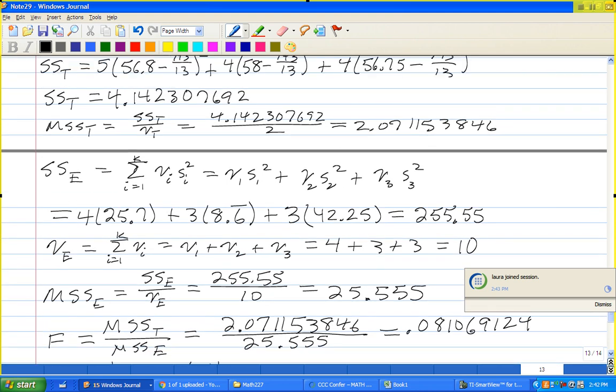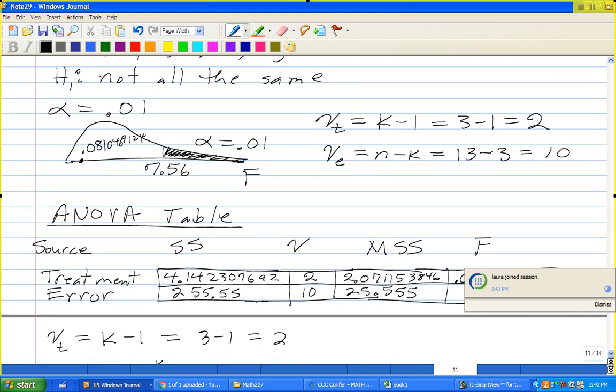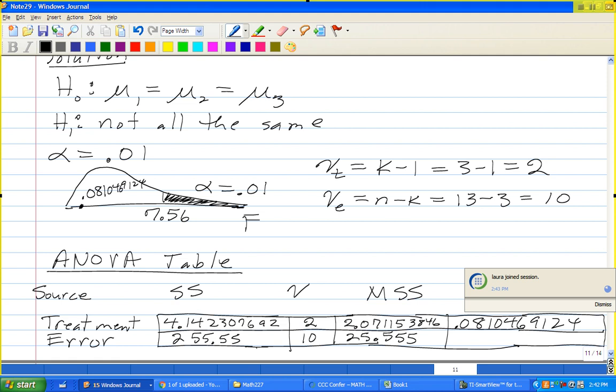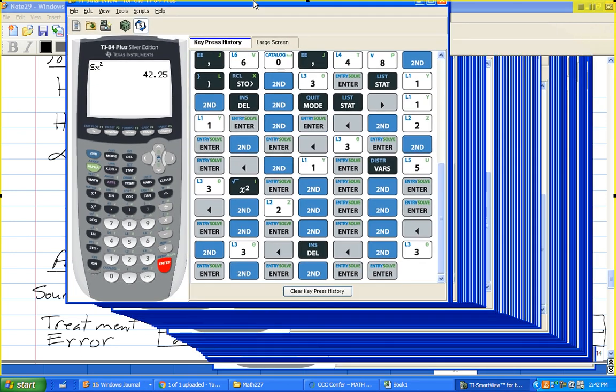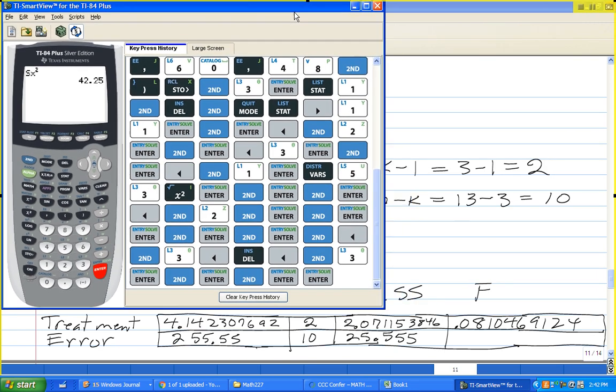So another way to do this is, let me look back up here. Hopefully you can see this now. So you see all this stuff here. I could have done it a little faster had I done the following.